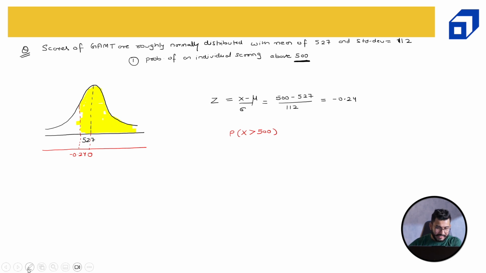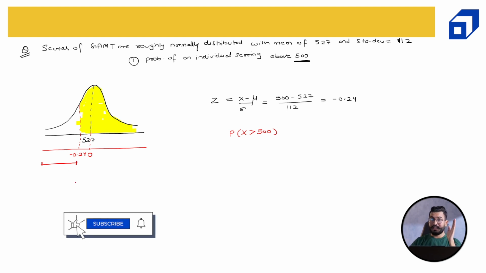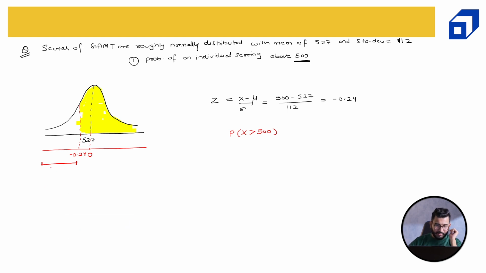Using the Z table will provide me the area under the curve from this point all the way to the left. Remember, the AUC that you get from the Z table will always be from the left. So once I have that area, I'll subtract it from 1 and I'll get my required answer.